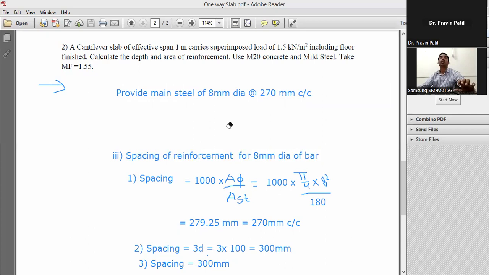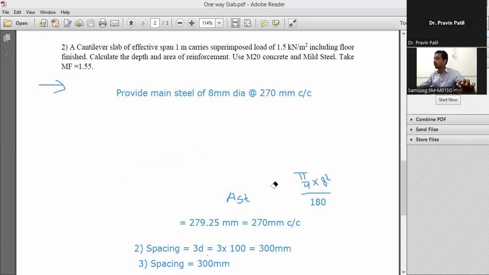Now the next step, step number 7, distribution steel. Okay.